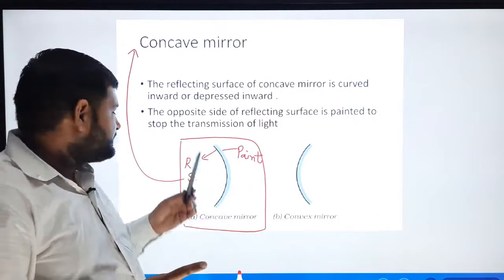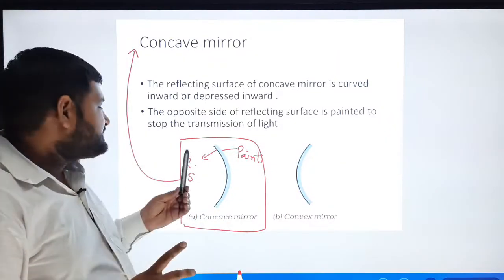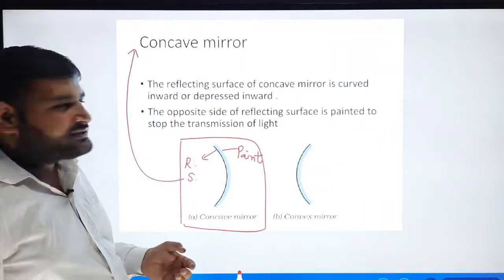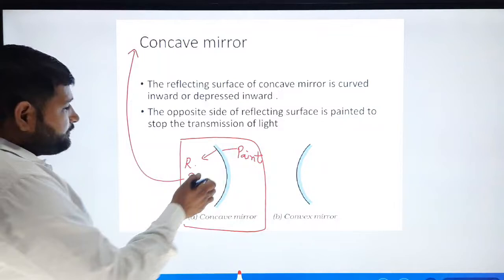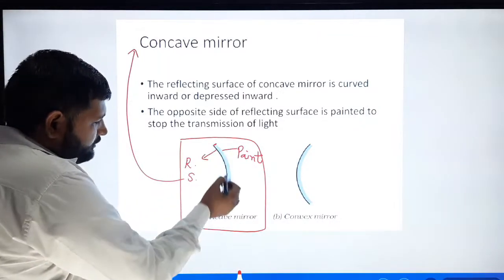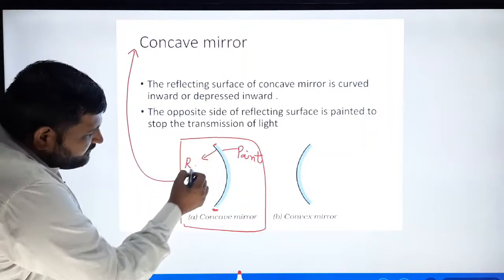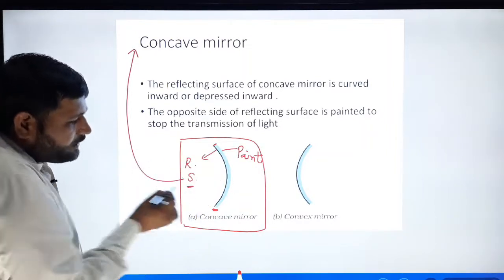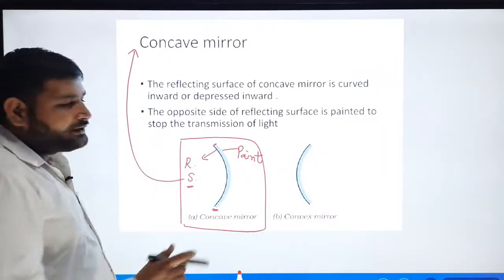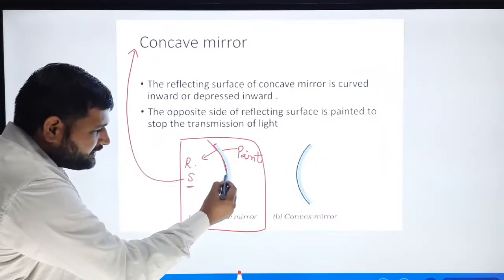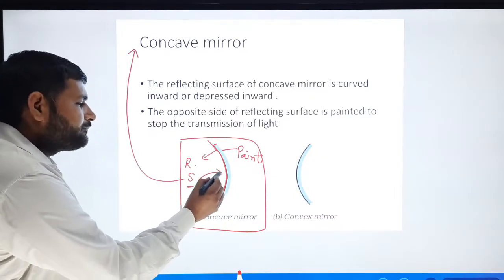The reflecting surface executes the work of reflection of the incident radiation, while the painted surface blocks the transmission of light through the mirror. So if you look closely at this figure, you will see that the reflecting surface of a concave mirror is depressed in inward direction. The reflecting surface of a concave mirror is depressed inward.